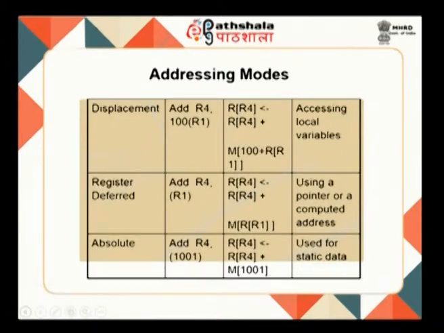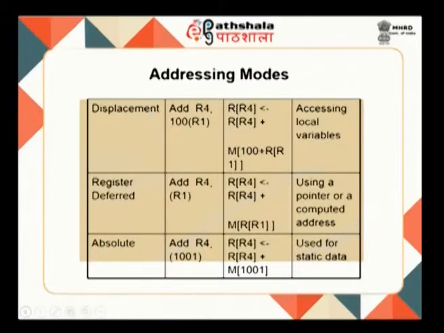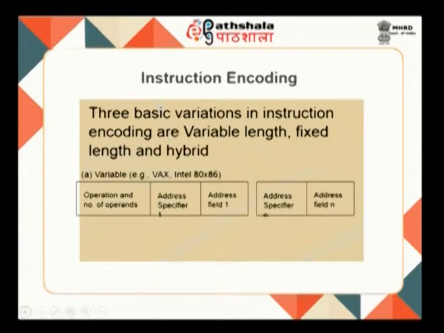Similarly, you can also look at absolute addressing, where the effective address is straight away given along with the instruction. When I say add R4, (1001), 1001 does not indicate the data here, it only indicates the address of the data. So, go to the memory location whose address is 1001, you get the data on which you have to operate. This is normally used for static data.